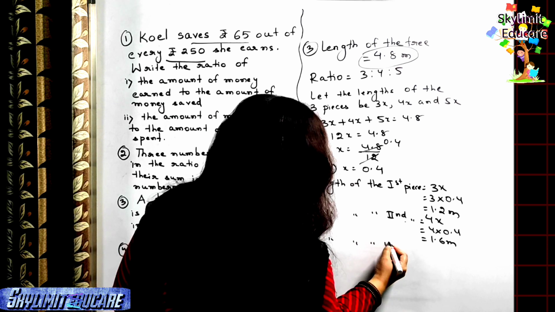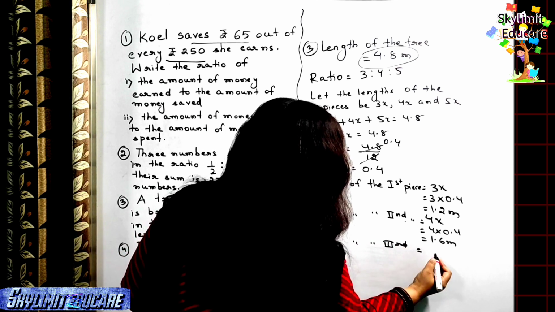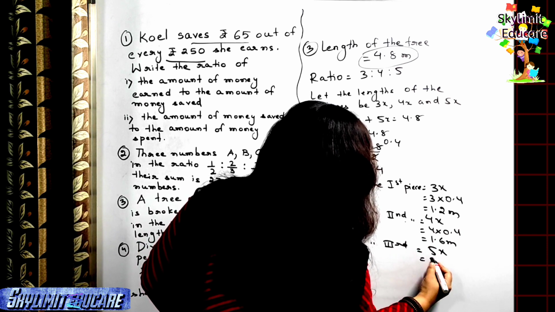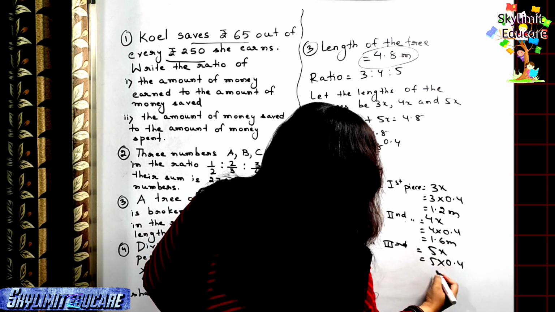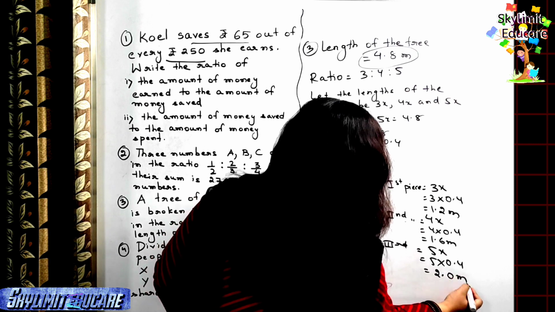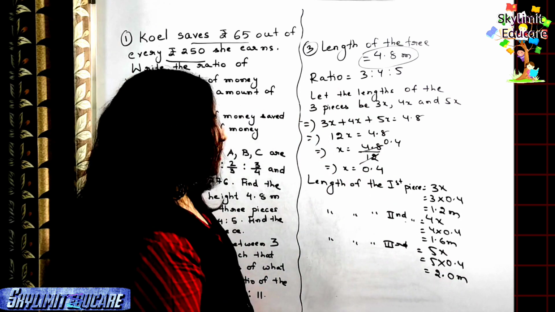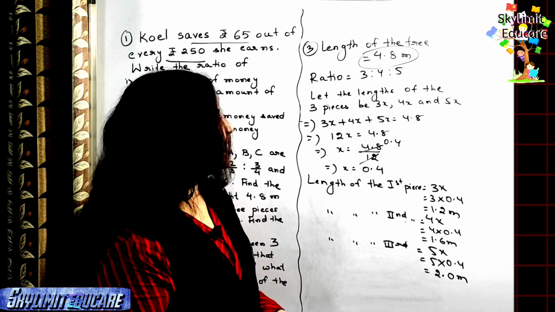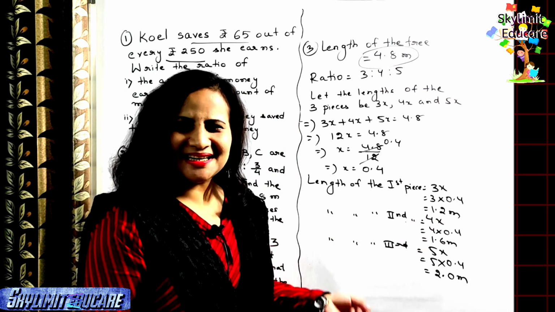And length of the third piece, right? Third piece is 5x. So 5x is same as 5 multiplied by 0.4, that is equal to 2.0 meter, which is same as 2 meter. You can add up and find out whether you're getting the answer correct. 1.2 plus 1.6 plus 2 is 4.8. Yes, it's correct. Okay, I think the idea is getting quite clear.